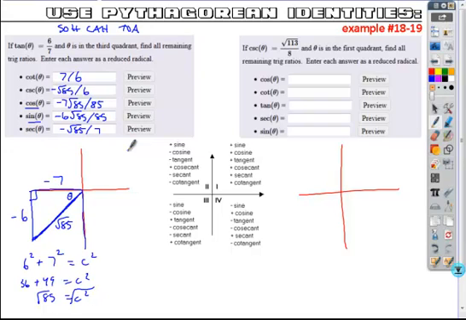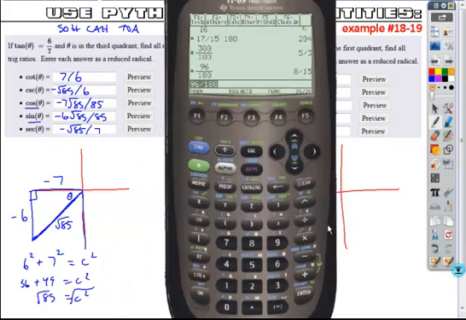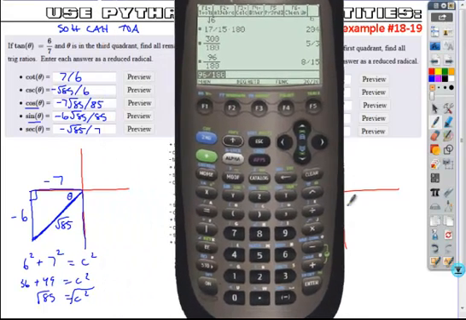And now, I mentioned you can solve these using your calculator as well. If you are going to use your calculator to solve these, the method that you would use is you would find what the actual angle is.